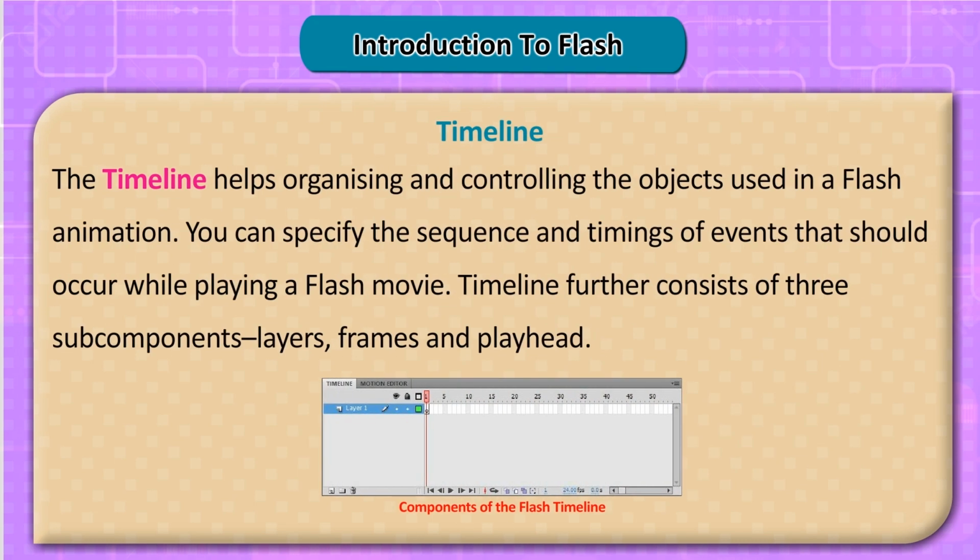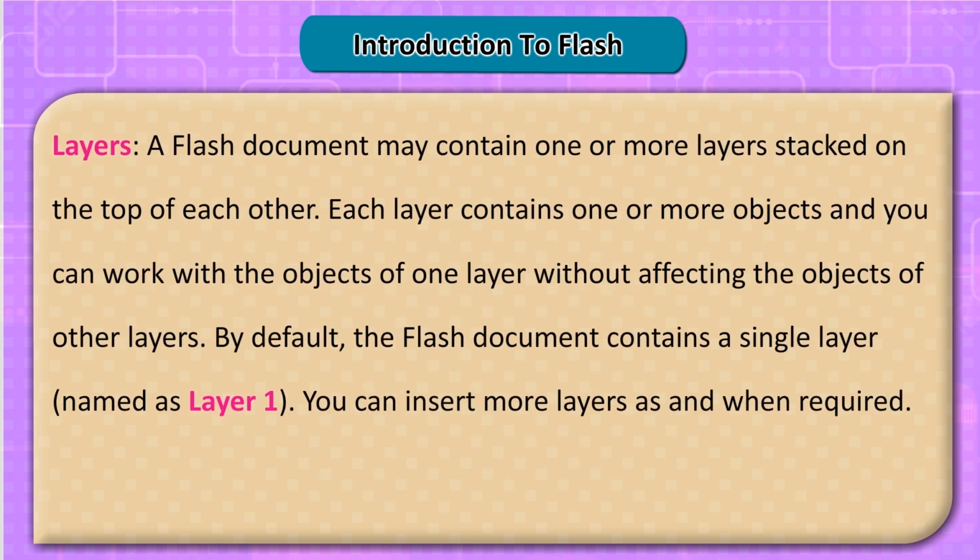Timeline. The timeline helps organize and control the objects used in a Flash animation. You can specify the sequence and timings of events that should occur while playing a Flash movie. Timeline further consists of three subcomponents: layers, frames and playhead. Layers.